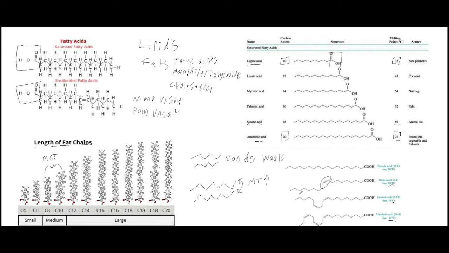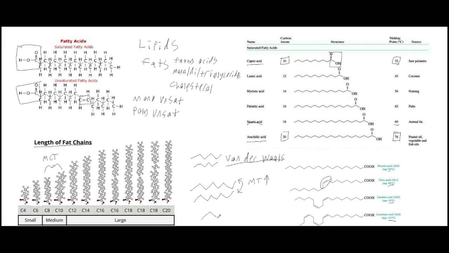And the reason for this is that, as you see in these hydrocarbon chains, they kind of stack into each other, and that's what allows you to get the full benefit of these van der Waals forces. And so, you know, having more carbons in the chain allows more van der Waals forces.